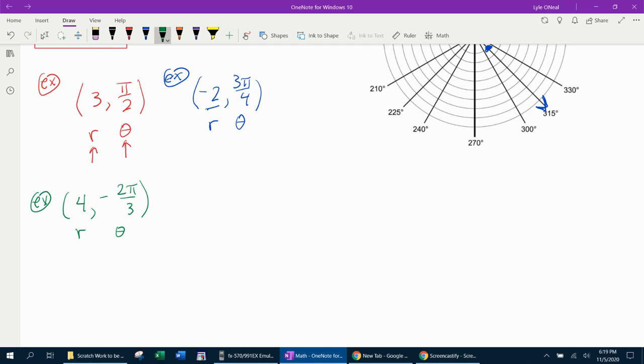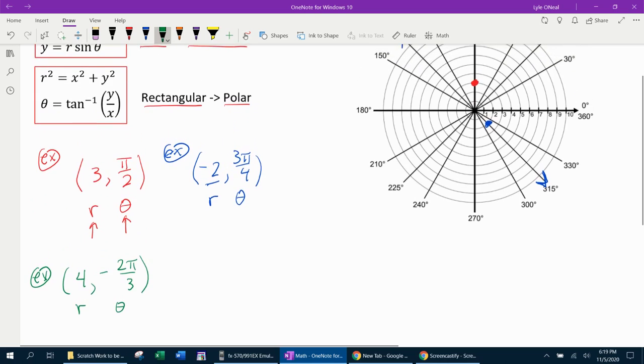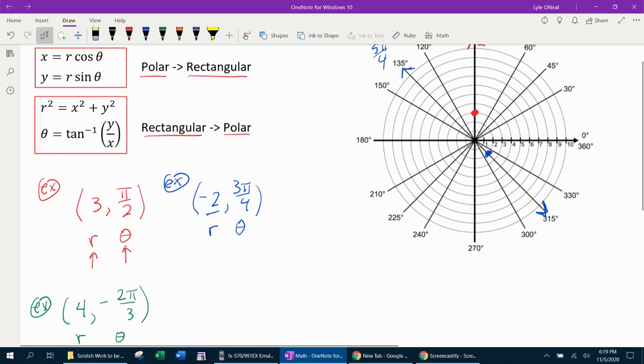Notice that this time our angle is negative, and what that means, it means instead of going counterclockwise, we're going to start at 0 and go clockwise 2 pi over 3. So pi over 3 is 60. Okay, so here's negative 60, another negative 60 is going to be equivalent to going in the direction of 240.